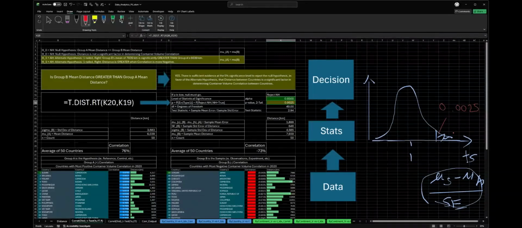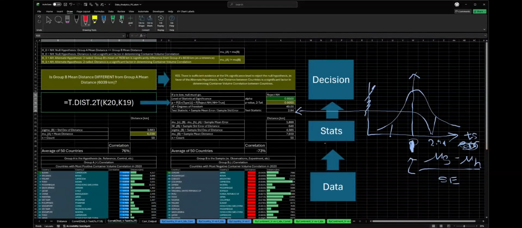So that's very small. Earlier, for the two-tail test, this is 0.0050 because each side is 0.0025, and this one is also 0.0025.